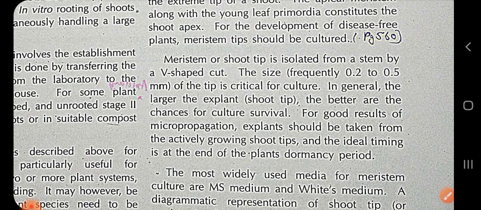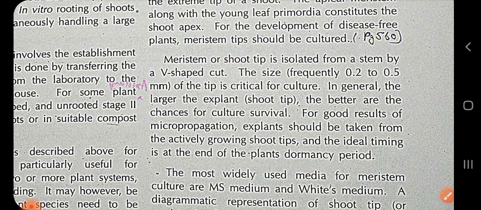Now, it is said that the larger the explant, the better the chance of culture survival, but at the same time, if we are taking a larger explant, that becomes problematic because we are also taking the non-meristematic parts of the plant. And you know that non-meristematic parts have the conducting tissues, and there's a chance of having pathogens.